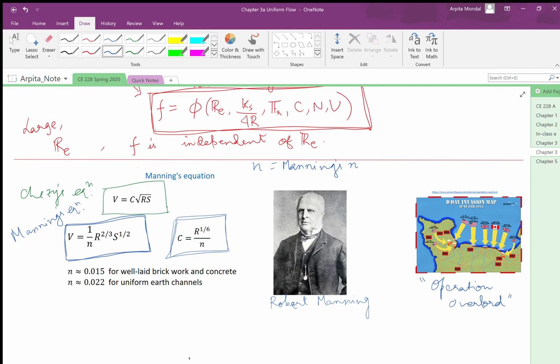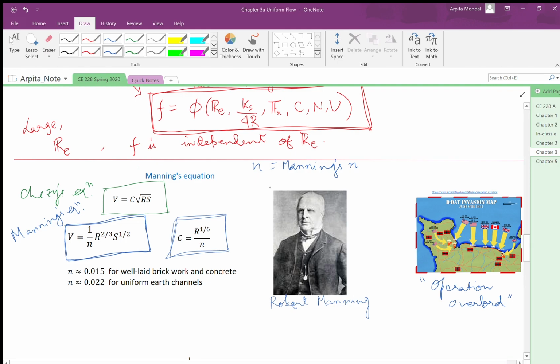Because Manning was born in France, he had a lot of respect for the French engineers and hydraulicians, and he studied their works.